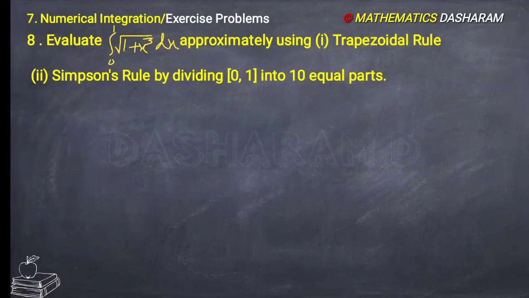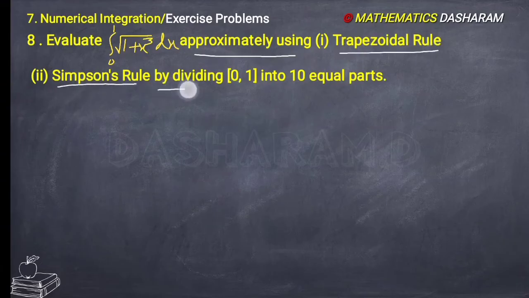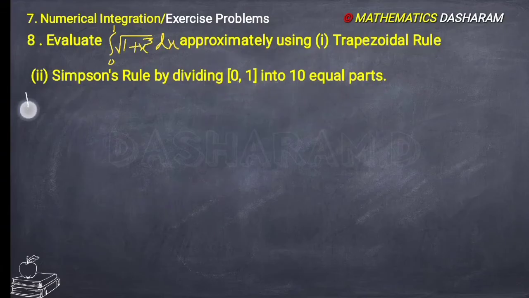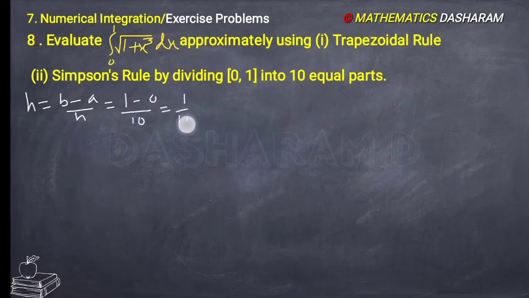Eighth question, evaluate integration 0 to 1 of under root 1 plus x cube dx approximately by using the trapezoidal rule and Simpson's rule, by dividing the interval 0 to 1 into 10 equal parts. So here let's find the h value, that is b minus a divided by n. So b value is 1 and a value is 0, and n means here 10 equal parts. So it is equal to 1 by 10, so it is 0.1.